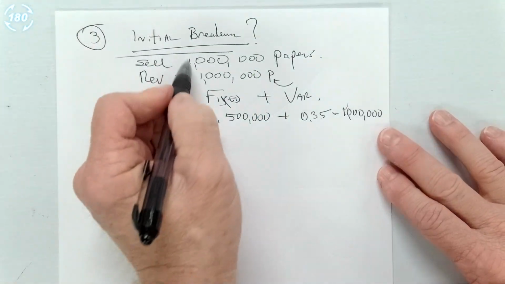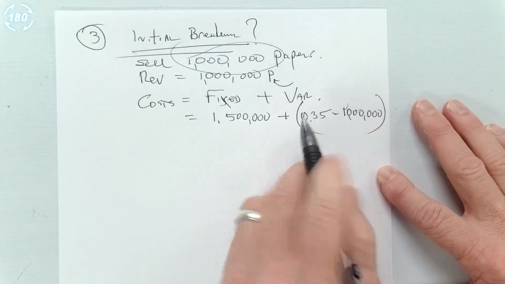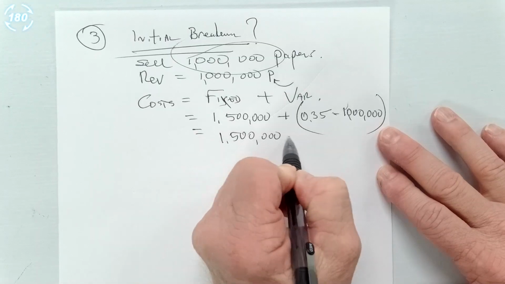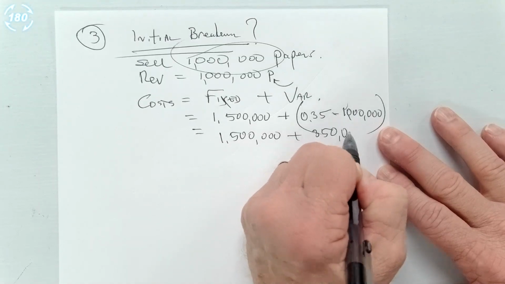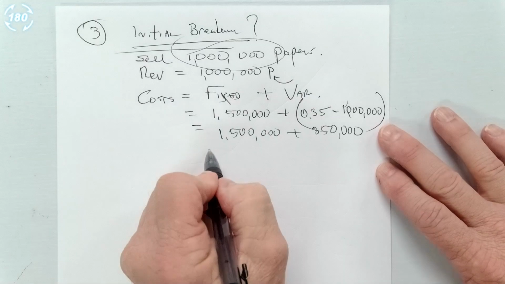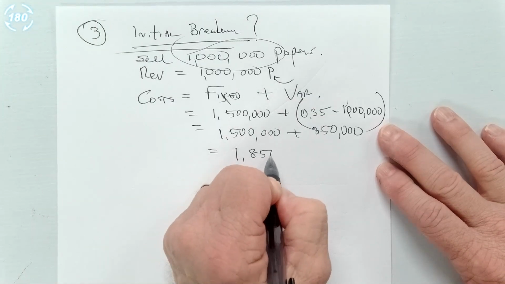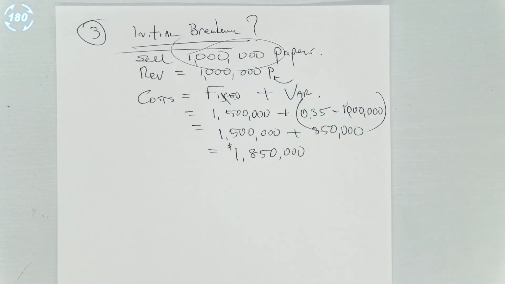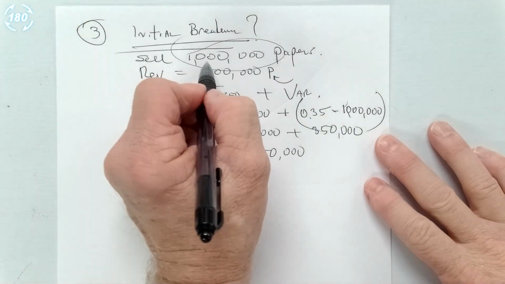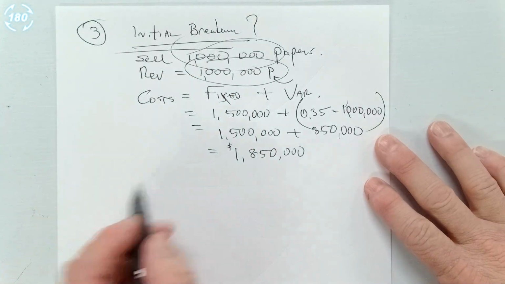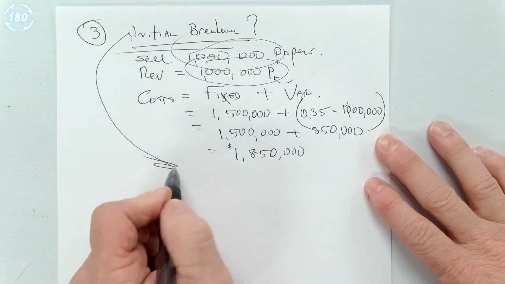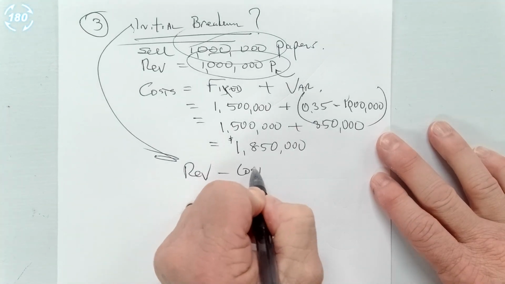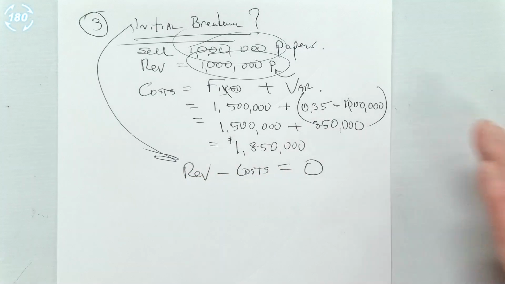So initially you're selling 1 million papers, and your variable cost here is 350,000. Your fixed cost is here. This gives you a total cost of $1,850,000. So you've got to cover that out of your revenue to break even. So here's your revenue. The idea is you break even when the revenue minus the cost is equal to 0.